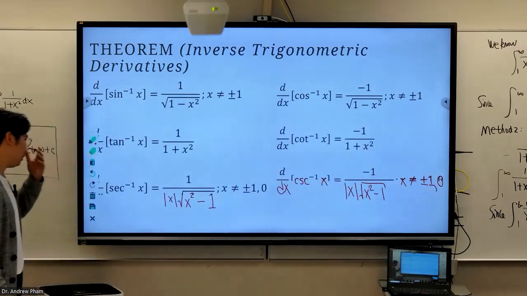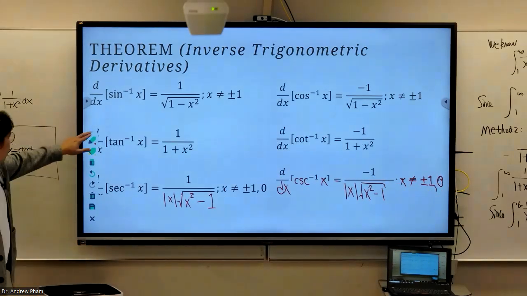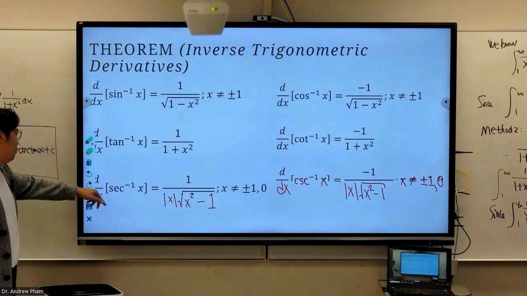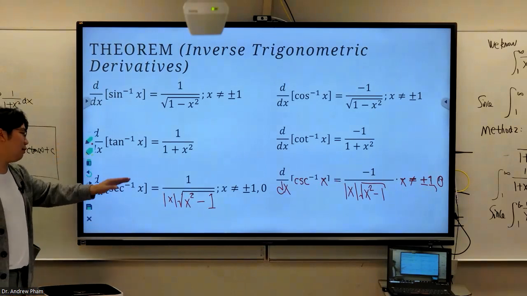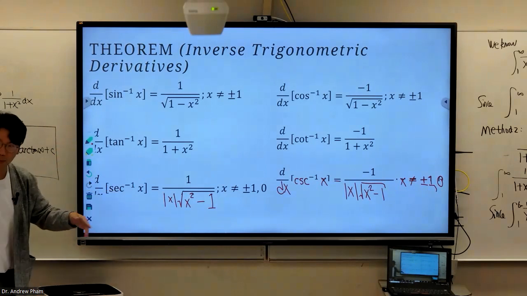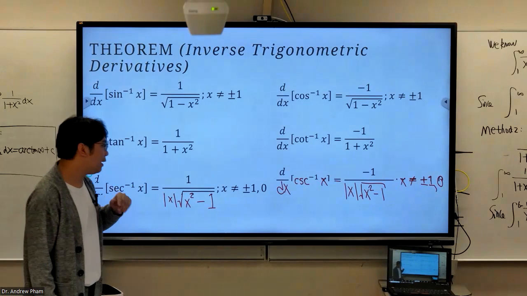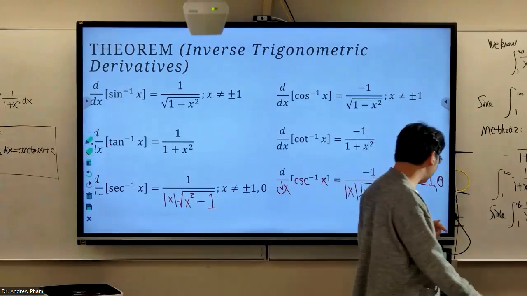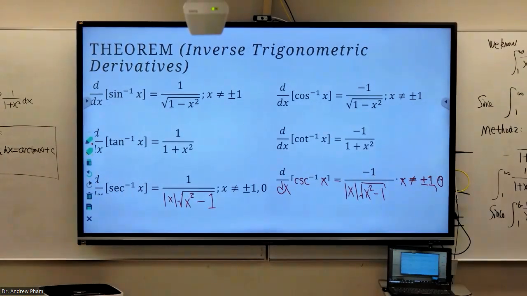There we go. The derivative of arcsecant is 1 over the absolute value of x times the square root of x squared minus 1. And then we have a similar thing for cosecant. So we have 6 inverse trigonometric derivatives.